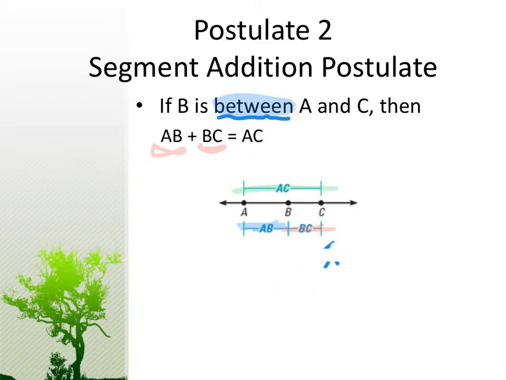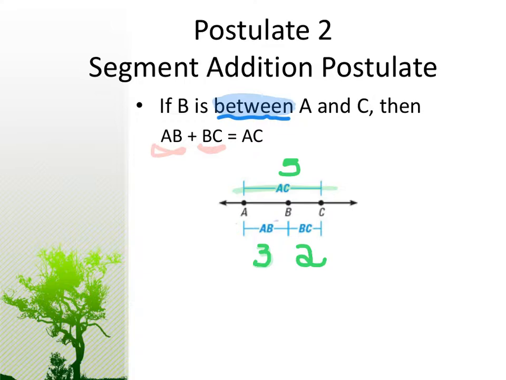So, let's say I told you AB was 3 and BC was 2, and I wanted to find a length. What is the length of AC? 5. Now, we can also work backwards.